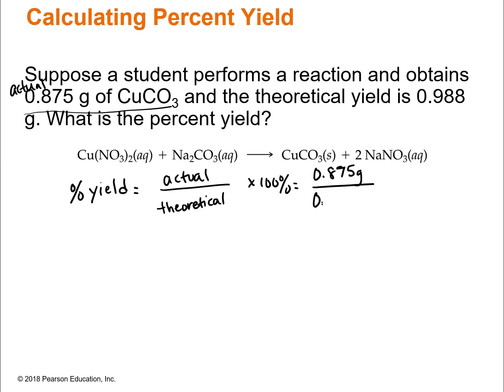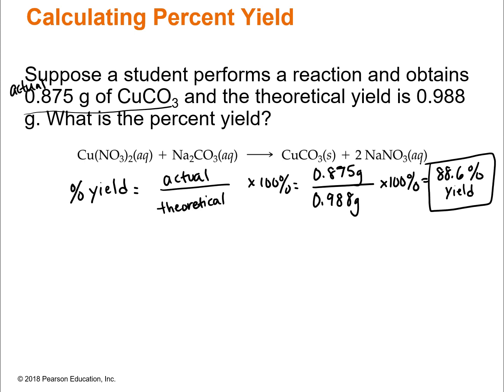Theoretical yield on the bottom. Multiply by 100%. And there's your answer. Now again, this is the simplest type of percent yield problem.